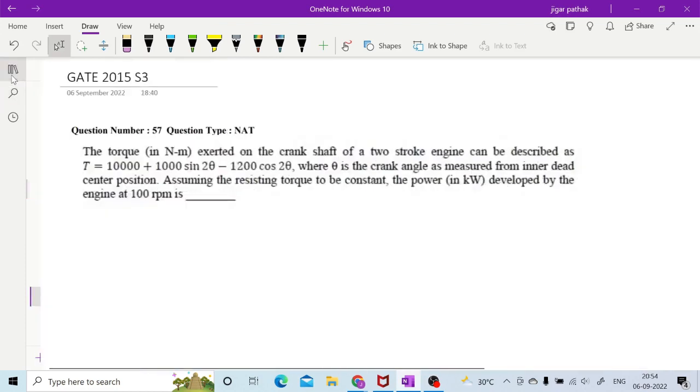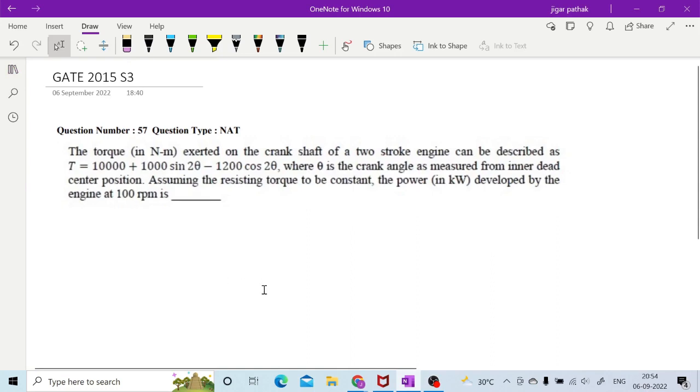Here the torque is provided in this equation, means it is provided in relation with theta. The torque exerted on the crankshaft of a two-stroke engine can be described as T is equal to 10,000 plus 1000 sine 2 theta minus 1200 cos 2 theta, where theta is the crank angle as measured from inner dead center position.